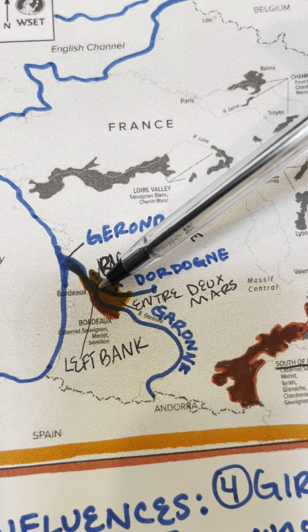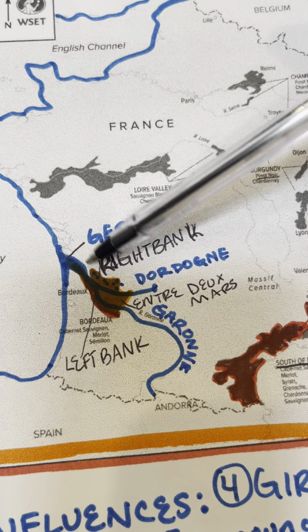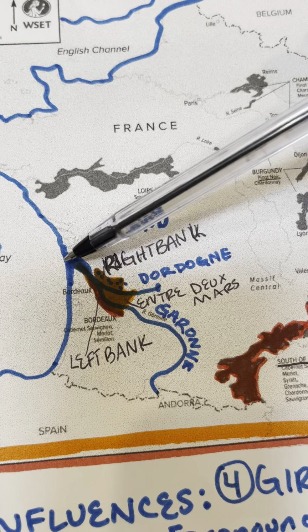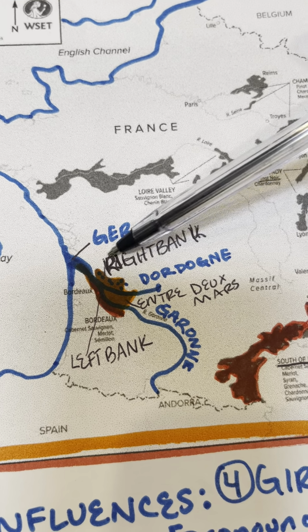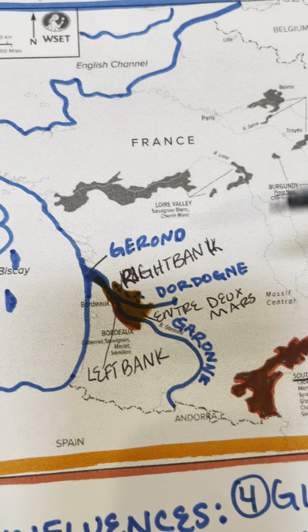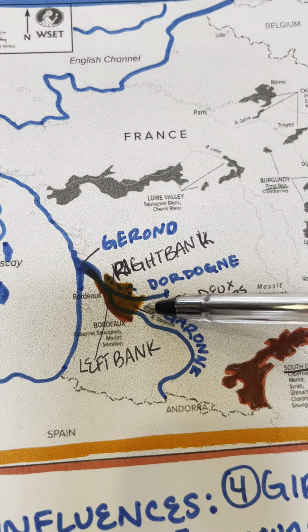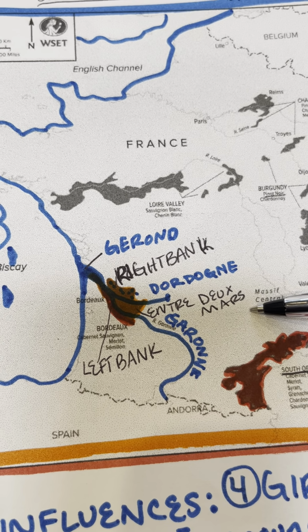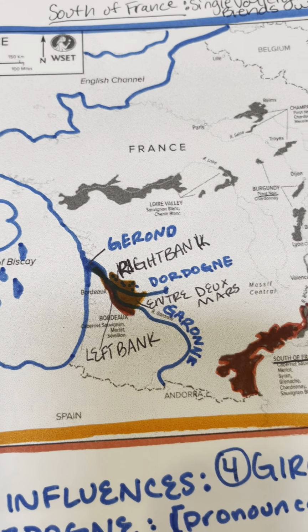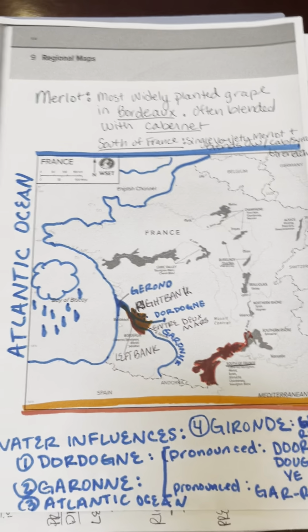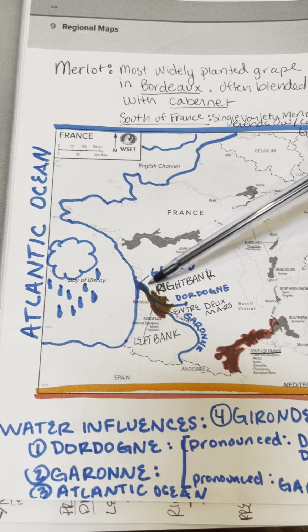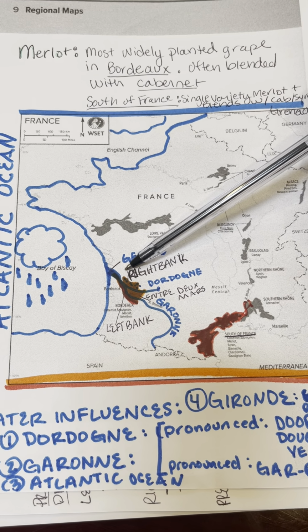Everything to the right side of Dordogne River is called the right bank. And everything in the middle is Entre-Deux-Mers. So we're gonna get a lot more into the Bordeaux region of France and what grows there.